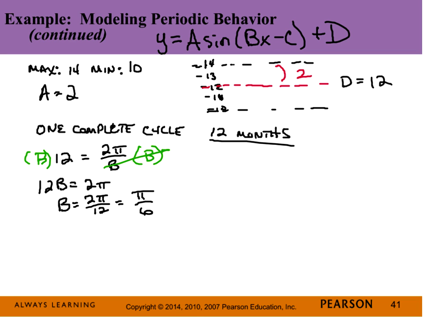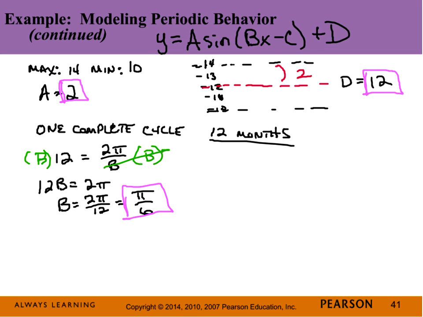So far, I have figured out my A value, my D value, and my B value. All I need is my C value, and I can write the equation for this phase shift. Now, I have to admit to you, gentlemen, that I cheated and was looking at the PowerPoint when I was going through this problem before I came into lecture. I was hoping maybe y'all could help me understand where they got this from.